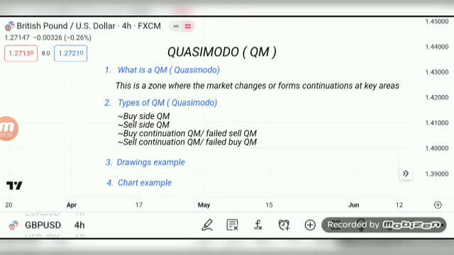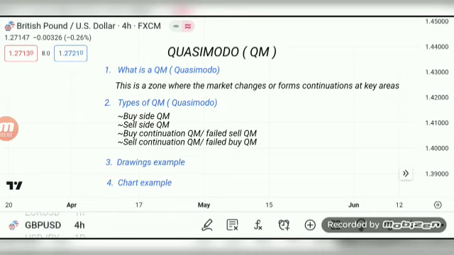So the simplest way to know whether your liquidity zone or your order block is going to hold is using the QM. Okay, so it's very easy to do this. So the QM, basically when the price reaches that position, you want to watch if there will be a formation of a QM. So when you see a formation of a QM, now we are going to have either a change in the market movement, or we are going to have a continuation in the market movement.